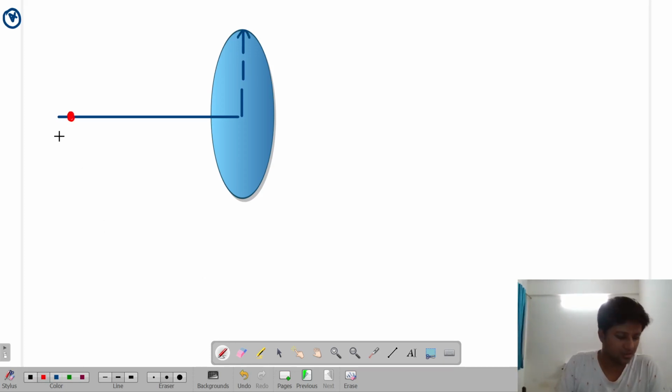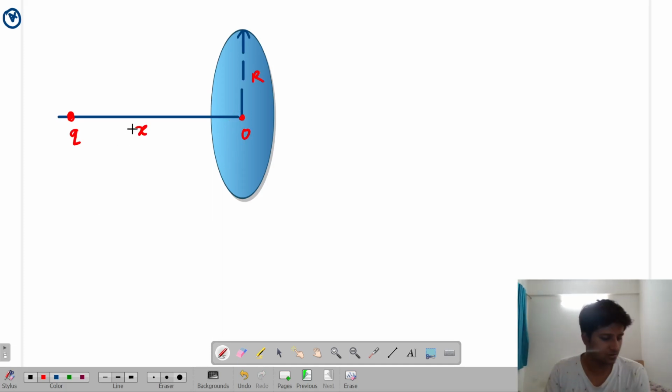Let's suppose the charge kept over here is q, and the radius of ring is r. The distance of charge from the center of ring is x. Got it? Question is, find the flux through.